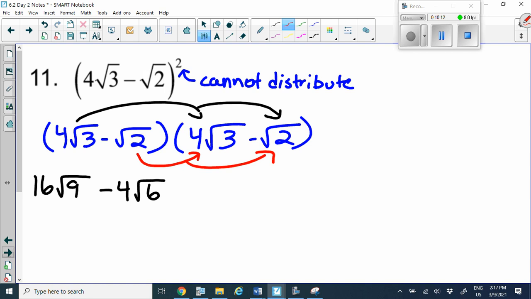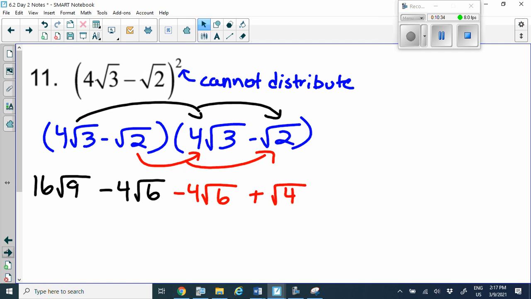This is going to be the same thing, so I have minus 4, and I can only do square root of 2 times square root of 3. That gives me square root of 6. Remember, I can only do that because the 2 and 3 are underneath the radical. Then negative square root of 2 times negative square root of 2. Well, 2 negatives make a positive, and remember I can multiply, that gives me square root of 4.